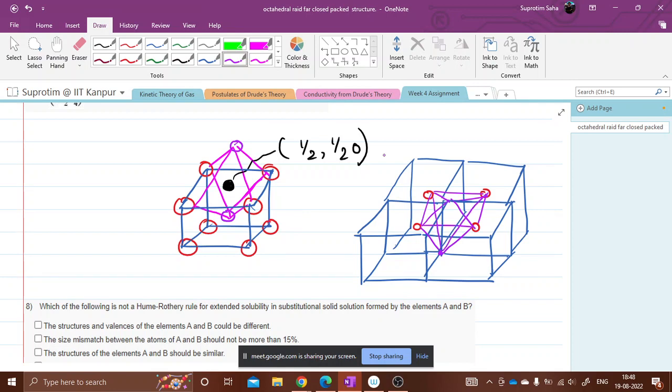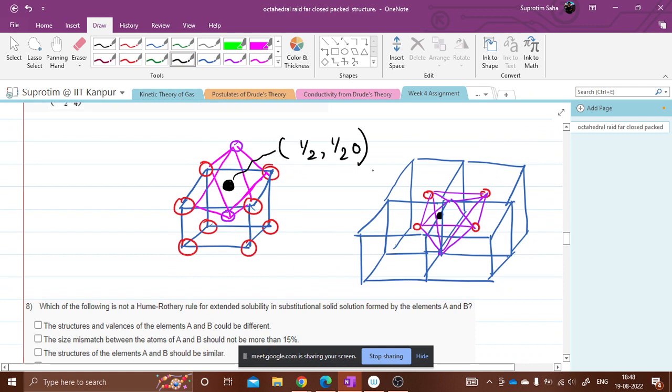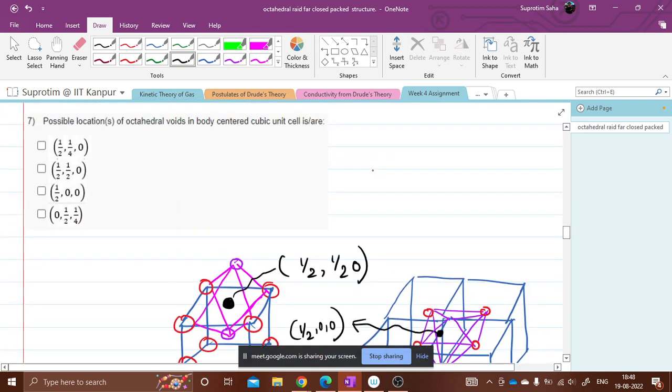All right, so the void will sit here, right? So it is on the edge, right? So this coordinate is half 0 0, right? So the correct answers are half half 0 and half 0 0.